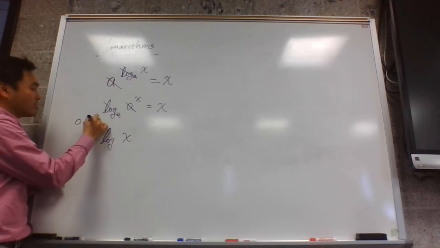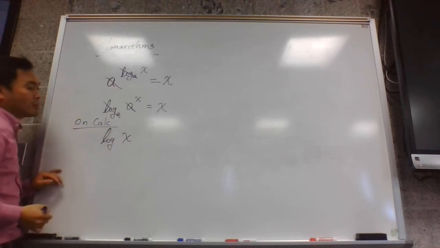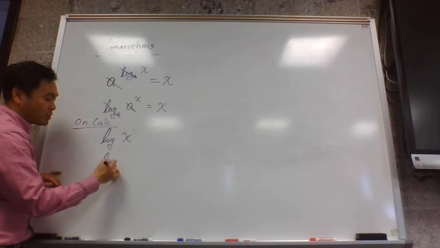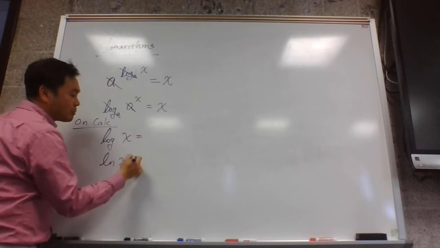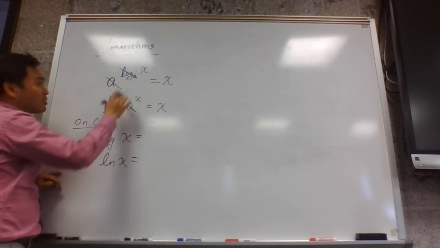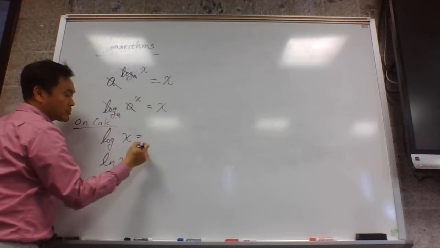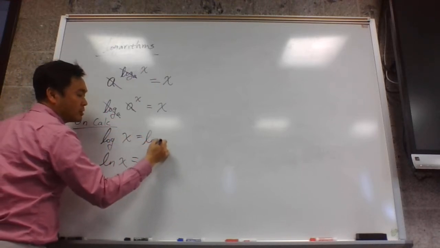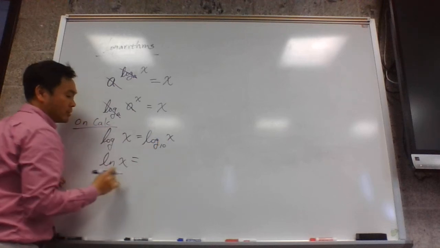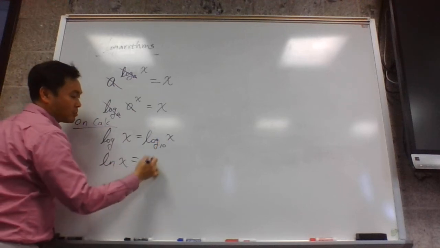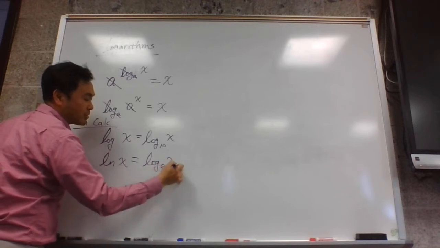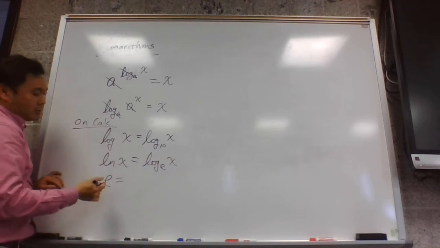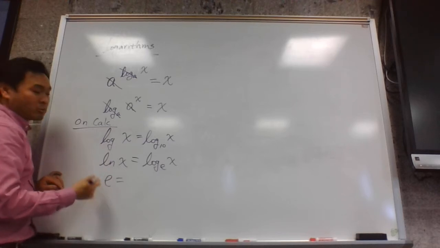Okay. So maybe I should have some word about calculators. On calculators, there are two types of logs, log without anything, and there's another one called ln of x. Log of x is log base 10 of x, and ln of x is log base e of x, where e is called, some people call this Euler number, some people call this natural number.